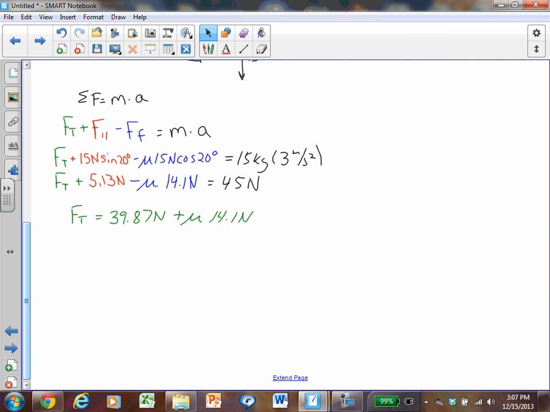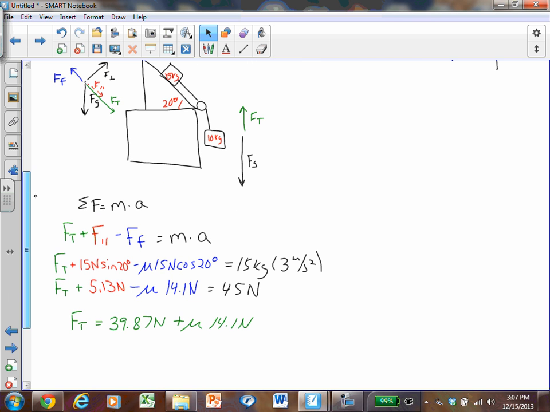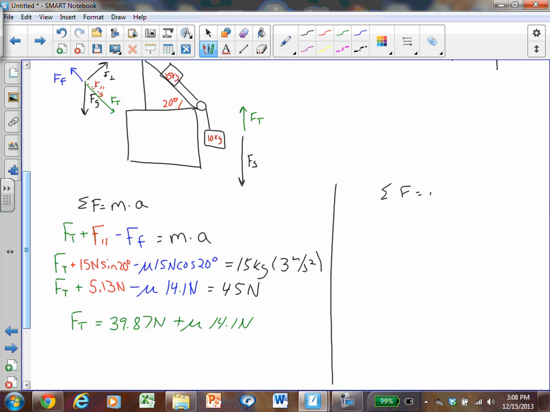Now the other diagram over here, the sum of the forces is mass times acceleration. The winner's Fg minus Ft equals a mass, which is 10 kilograms, times A, which is 3 meters per second squared.